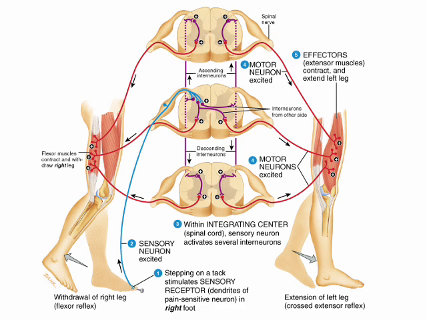Notice that we also have some interneurons that are going to decussate through the gray commissure or cross over to the opposite or contralateral side of the spinal cord. These are going to be controlling muscle groups on the opposite leg. So, while this leg is going to pull up, your other leg is going to have muscle activity to catch you from falling.